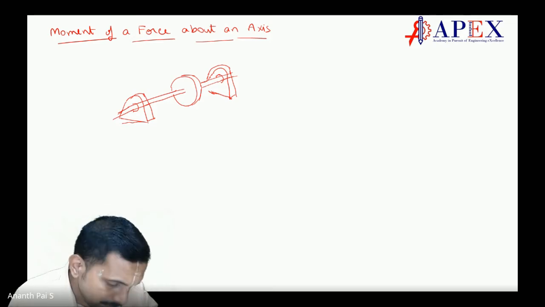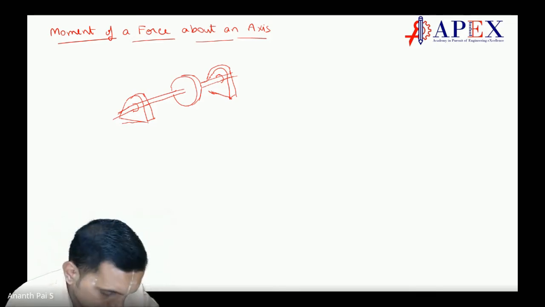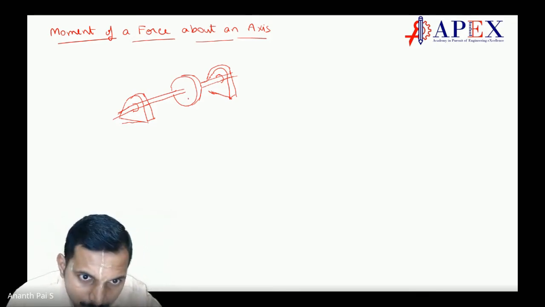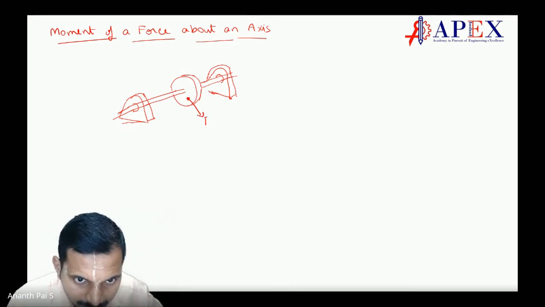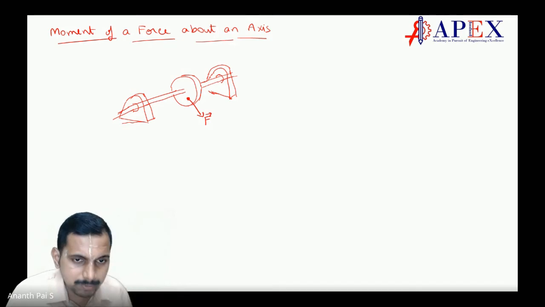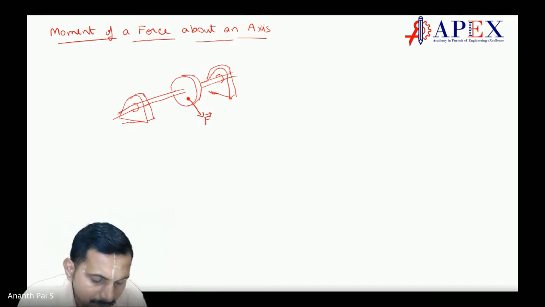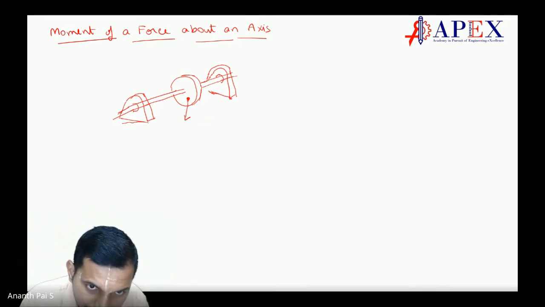Okay, so now when there is a force which is acting, for example, if I say there is a force acting in this direction, some direction, say F. Now this force can be resolved into radial direction, axial direction, and tangential direction. Let me put the force here like this.